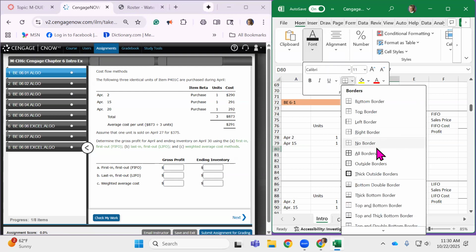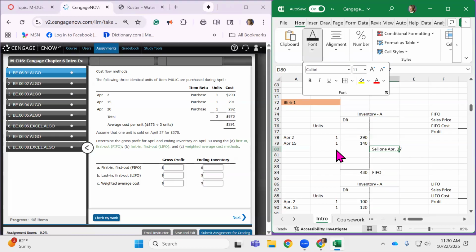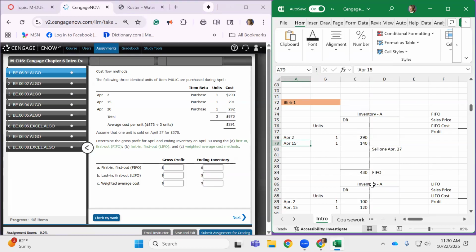If you want to follow along with me, it looks like we bought 3 items. We got one on April 2nd, one on April 15th for $291, and one on April 20th, one unit for $292. So how many did we have in total?